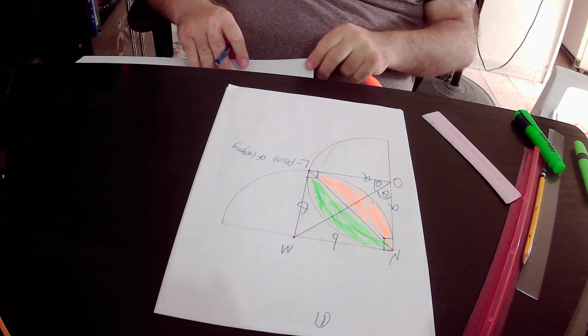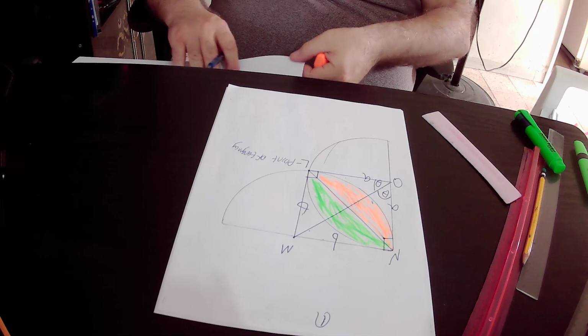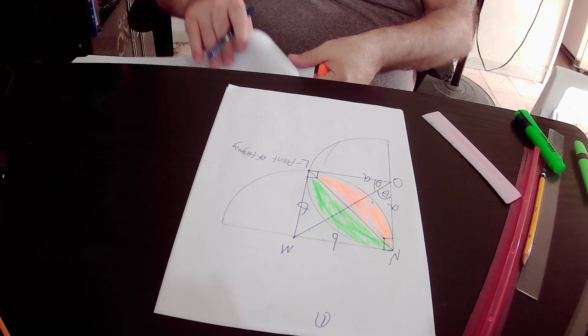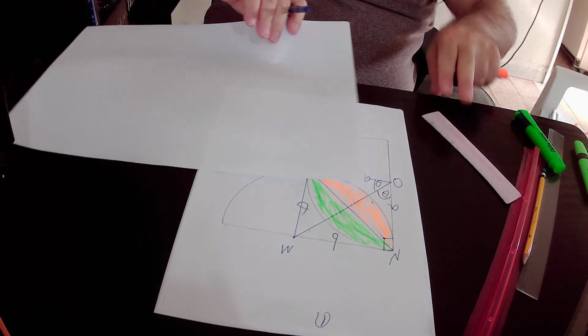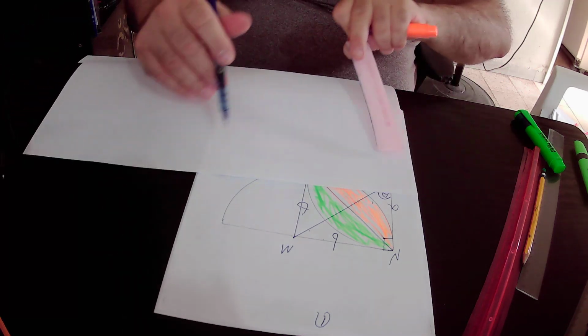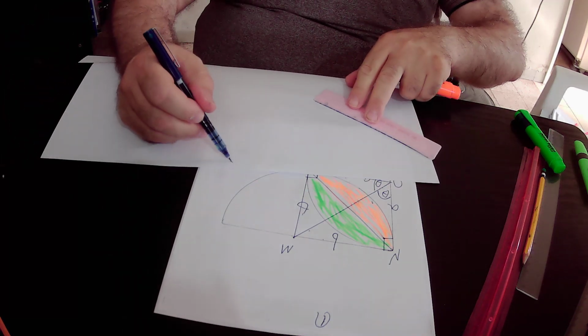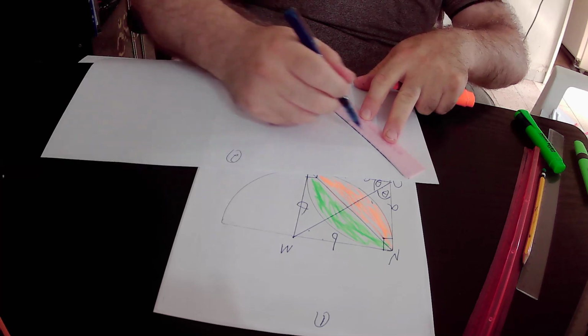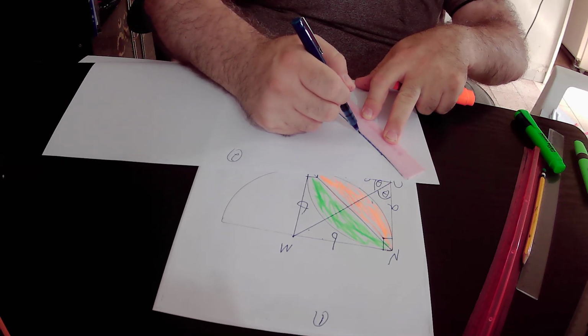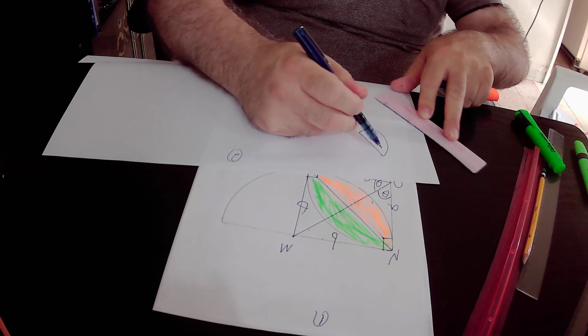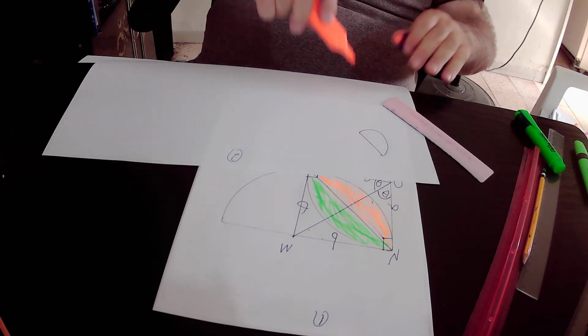So what is the area of the lower circular segment NL? The area of this orange shape.